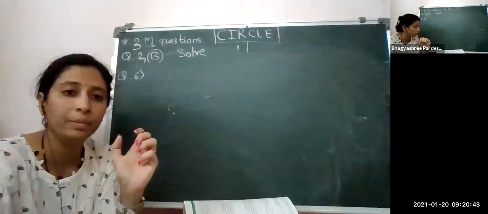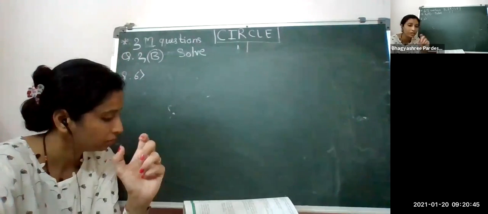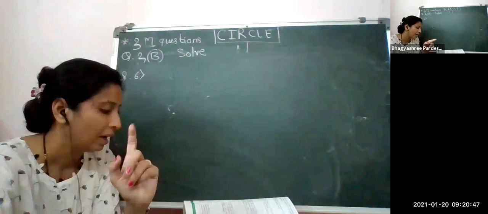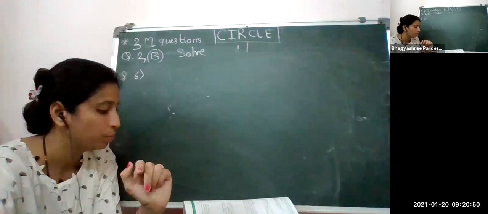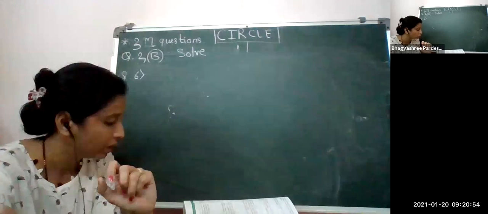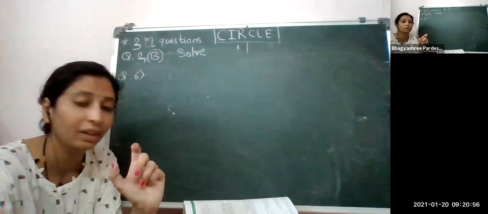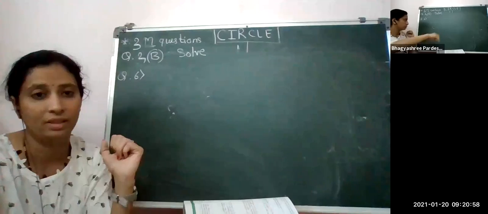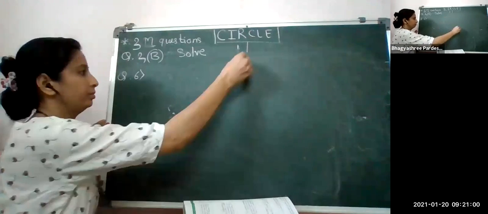CD is the diameter of a circle with center O. Diameter CD is perpendicular to chord AB at point E. We have to show that triangle ABC is an isosceles triangle.